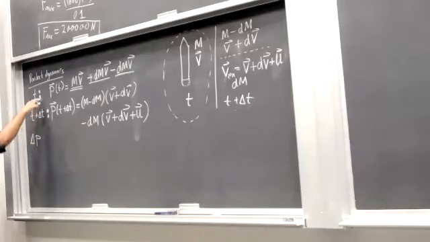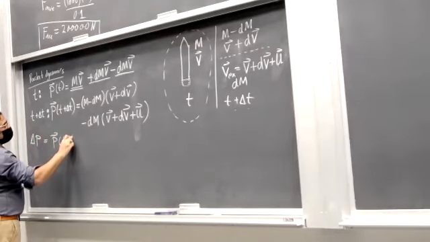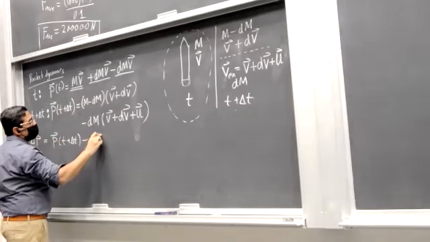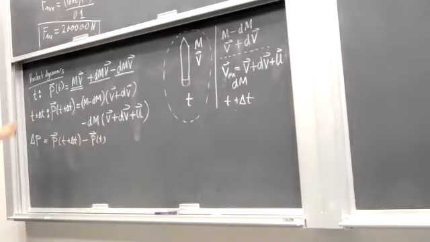What is the change in momentum, delta p, during this time interval? That would be p(t + delta t) minus p(t). Okay, can you quickly do this calculation?